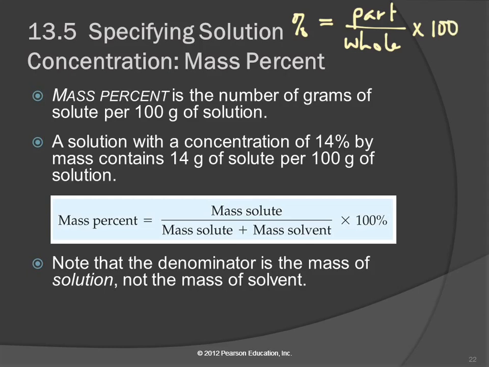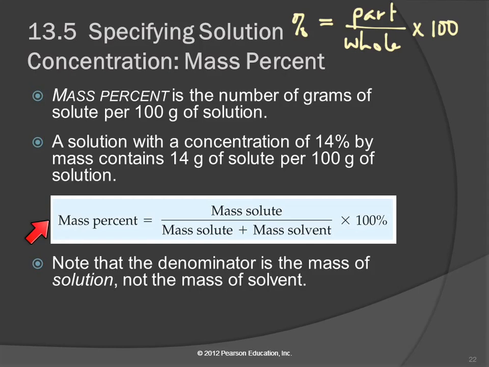And for some people, if you can just remember that, you can figure a lot of this other stuff out, because you just ask yourself, okay, so there's this solution and they're talking about a percentage. Okay, what is the part and what is the whole? The part is going to be the solute, the thing that is dissolved in the liquid, the solvent. And the whole is the entire solution.